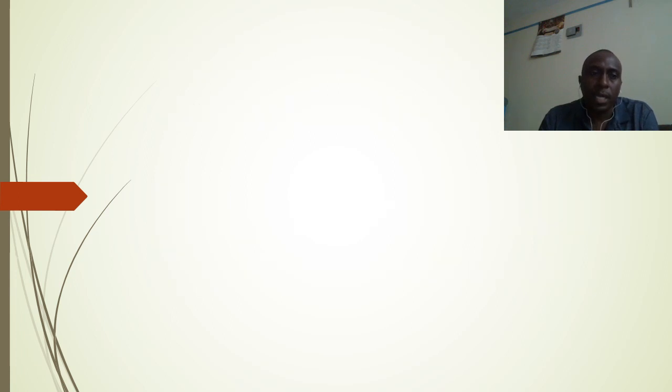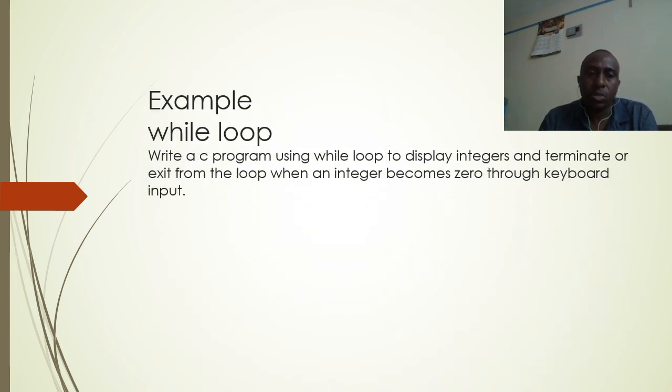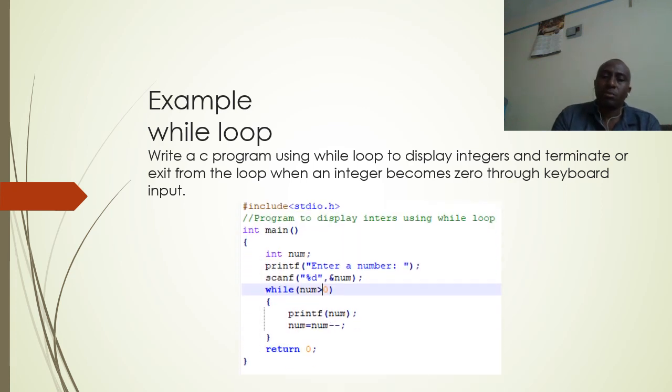Now, let us take an example using the while loop. Write a C program using a while loop to display integers and exit from the loop when an integer becomes 0 through keyboard input. In this example program, I begin my program, I declare my variable which is num, I enter the num, so the condition comes in: while num is greater than 0, you print out num, then num minus minus.